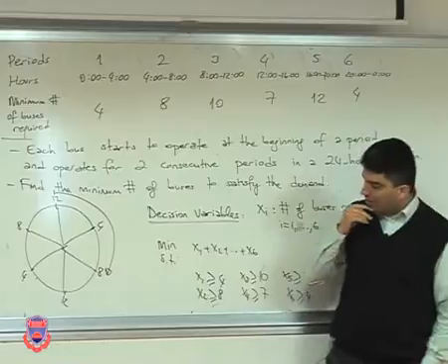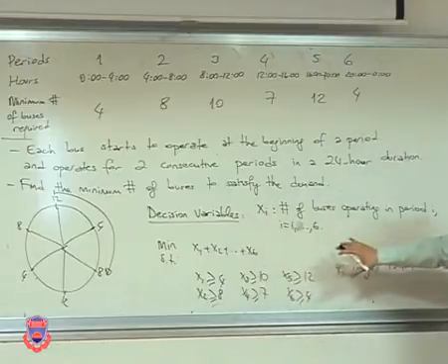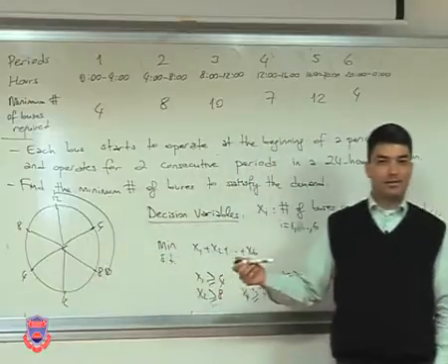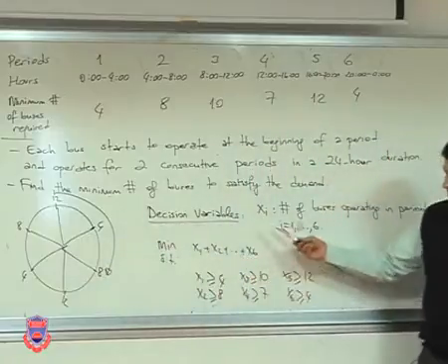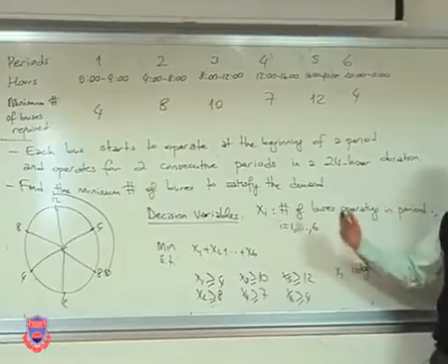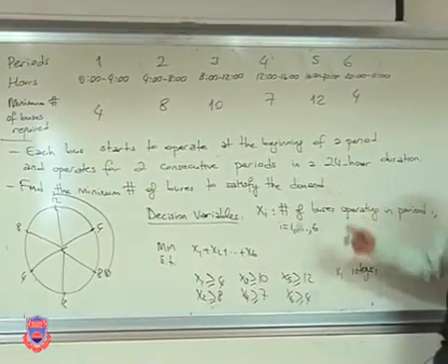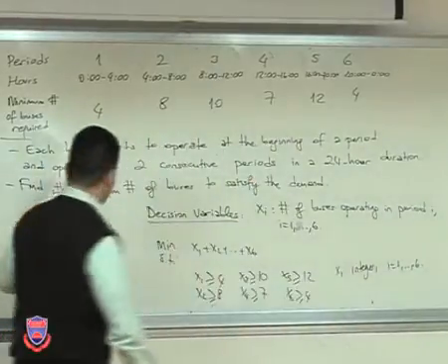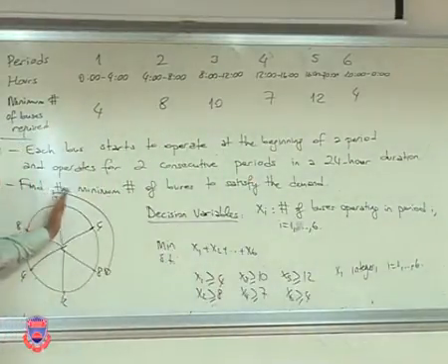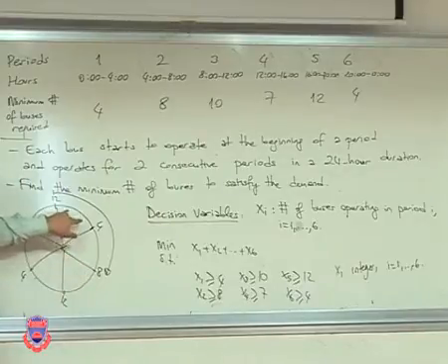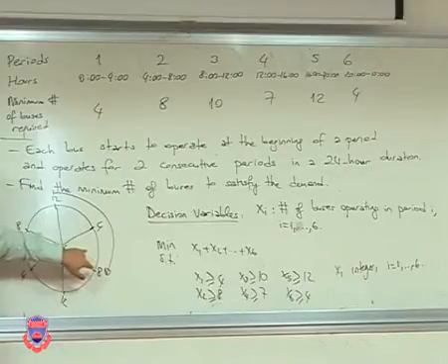Let me repeat that again. In the current formulation, I'm assuming that in each period, the number of buses operating is independent of one another. Okay? So x1 is independent of x2, which is independent of x3, and so on and so forth. Whereas the problem tells me that if a bus starts operating here, it actually operates for 2 consecutive periods, right? So which means that if a bus operates in this period, then the same bus will also operate in this period.